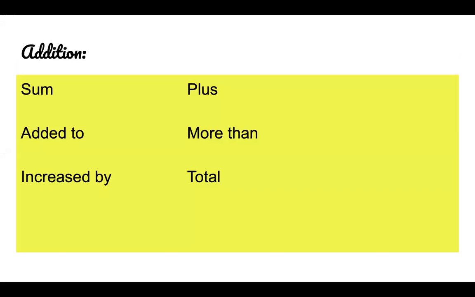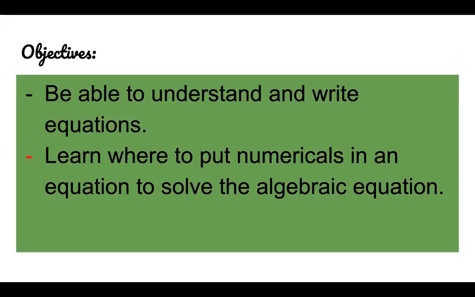An example of an algebraic equation is b plus 20 or c plus 18 equals j.